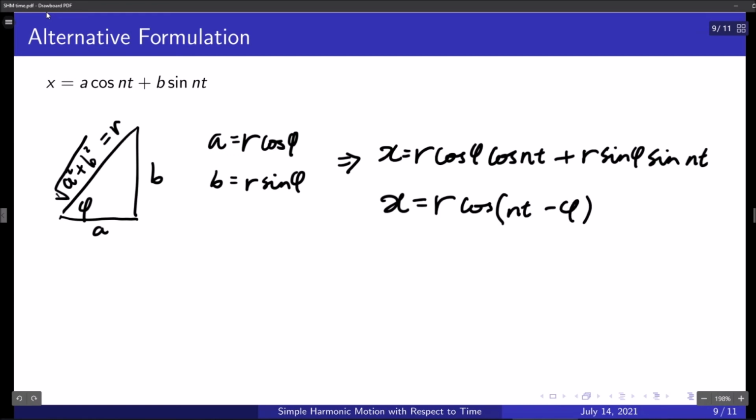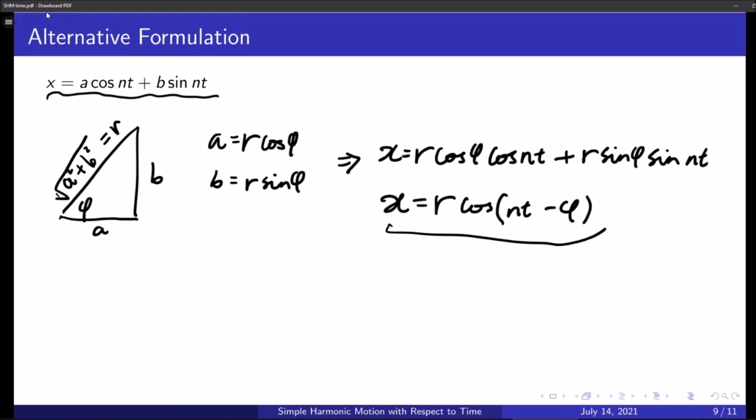So it's exactly the same. But sometimes it's convenient to write it in the format we saw before, and sometimes it's also easier to approach the question directly in this format.